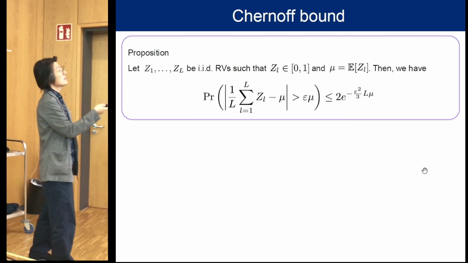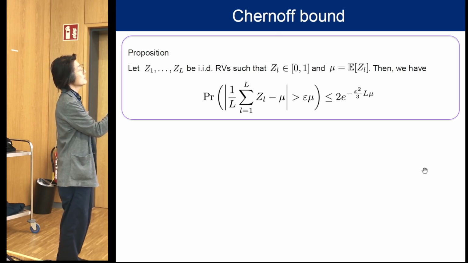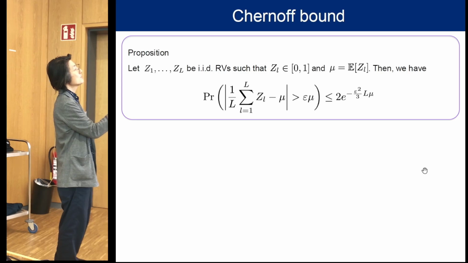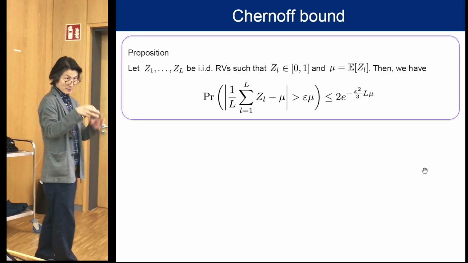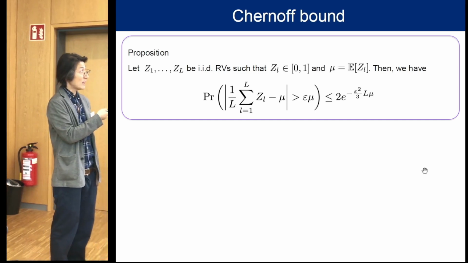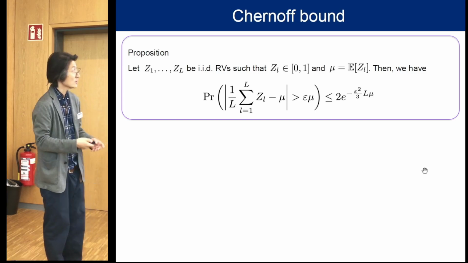Then the probability that the empirical average deviates from expectation by the factor epsilon mu can be bounded exponentially, and exponent is roughly given by minus epsilon square L times mu. There are various versions of Chernoff bound. This version of Chernoff bound is useful when the expectation mu is quite small.